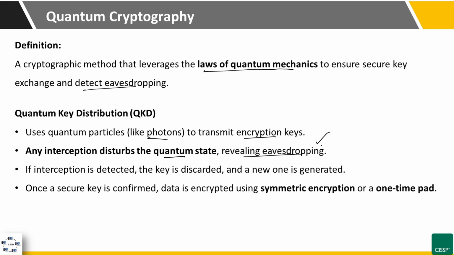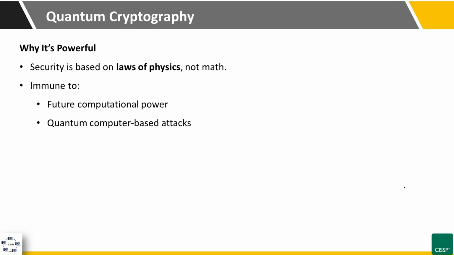So now it is very easy using quantum cryptography: if a key is intercepted, the quantum state changes and it can be easily revealed that the key was intercepted. If interception is detected, the key is discarded and a new one is generated. Once a secure key is confirmed, data is encrypted using symmetric encryption or a one-time pad.